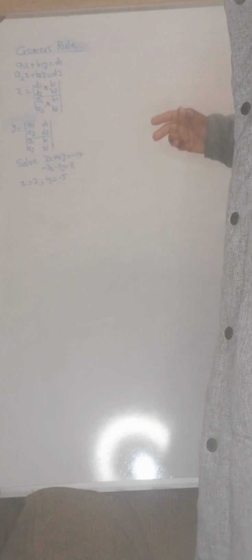Now, whenever you're provided with two systems of linear equations, the first thing you will need to do in applying Cramer's rule is to say that x equals d1 divided by d2 multiplied by b1 divided by b2. So how do we apply this?